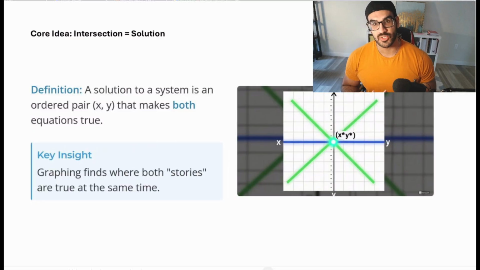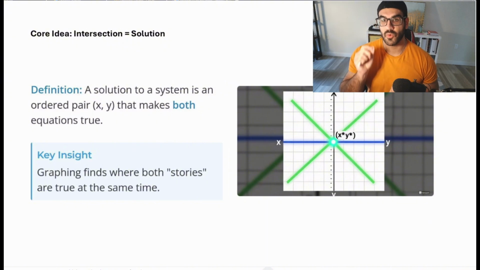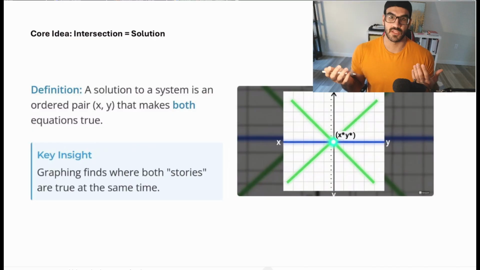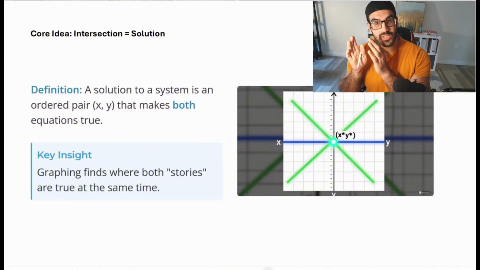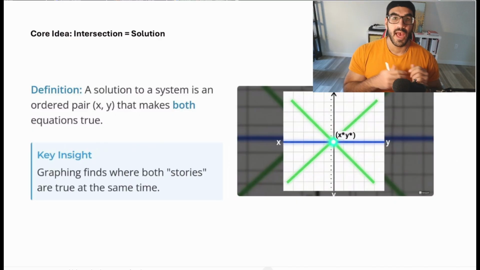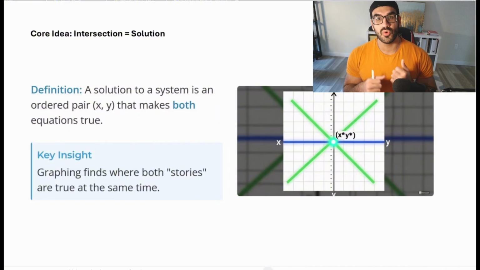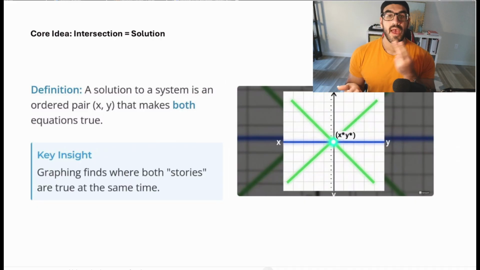When we are talking about the intersection of lines, it means I have to find one specific point, or maybe infinitely many points. If I put that x value into the first equation of the line, I get one y. And if I put that same x into the second equation, I should get another y. Obviously those x's are the same, because they are my inputs, and those y's are going to be the same as well.